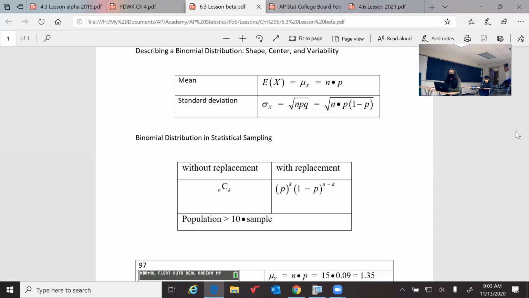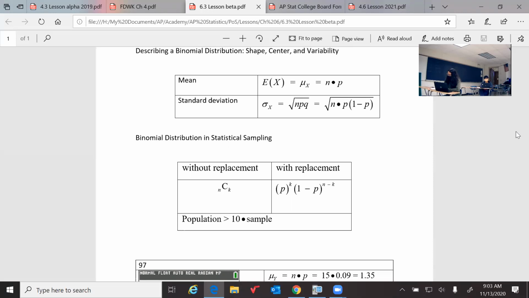Now, this is new. Think about what this is saying. This is a condition. This has to be met. The population has to be greater than 10 times the sample size, where you have an issue. Now, we will spend a lot of time on conditions when we get to the spring.